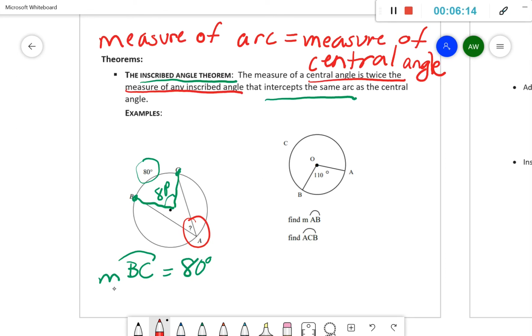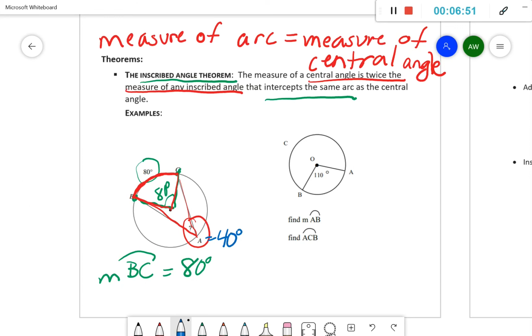Now this arc BC is being intercepted by this central angle with the center of the circle, and also by this angle that includes point A. That means that the central angle is twice as big as the inscribed angle. So if our central angle is 80, and that's twice as big as our inscribed angle, the inscribed angle will be 40 degrees.